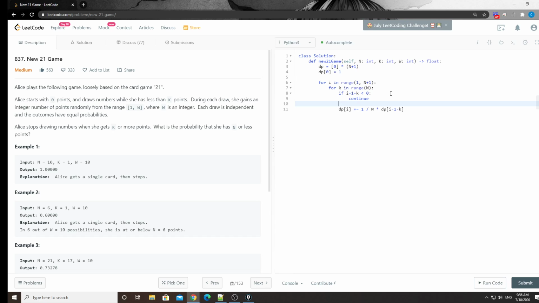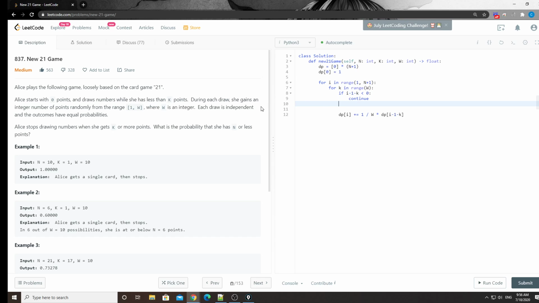And another thing for DP, another one is we're doing the N here, right? Since the N could be greater than K, right?